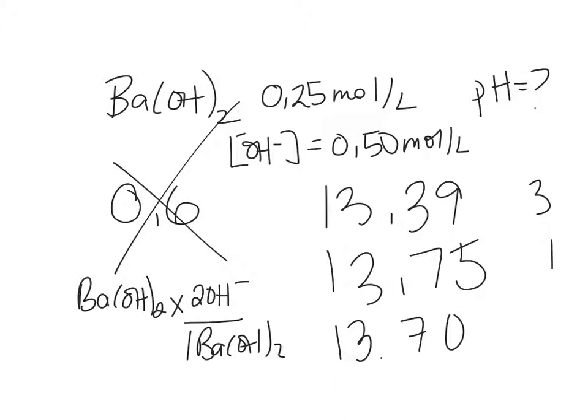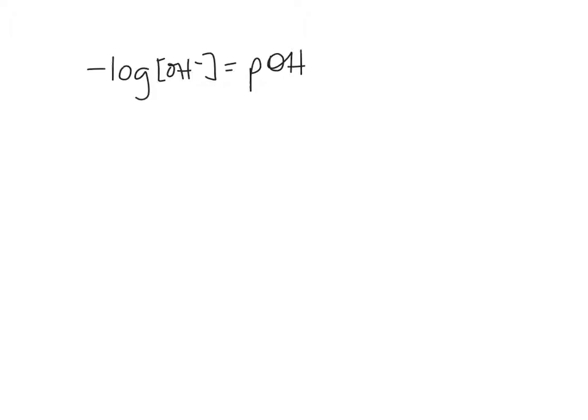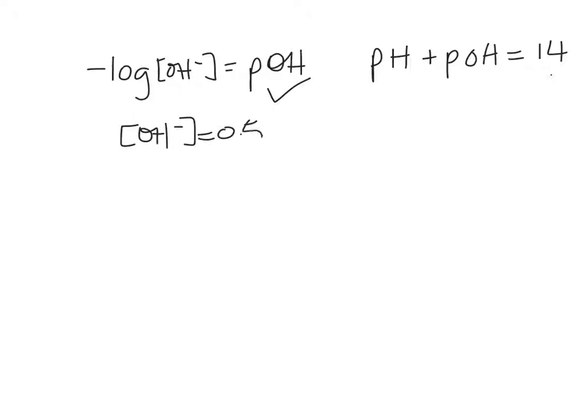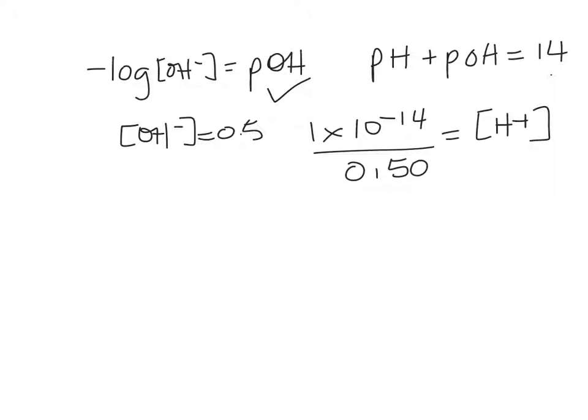Now try and find the pH. So you're going to do it this way, and then you're going to use this. So you're going to subtract the answer here from 14. Or you're going to find your hydroxide ion concentration, which is 0.5, so you're going to use that, and then take the negative log of your answer.